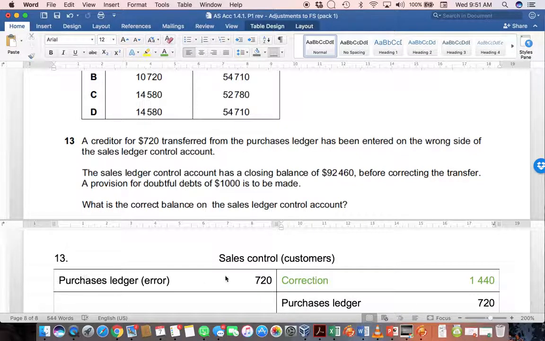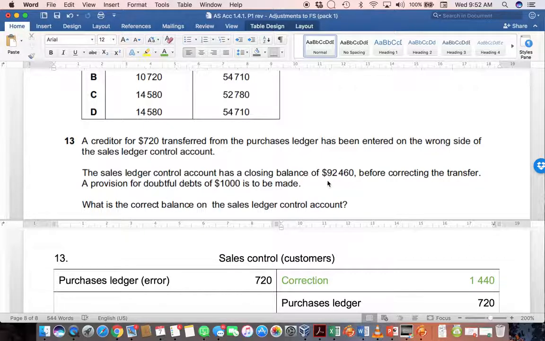However, this is what did happen. It tells us we put it on the wrong side. In other words, we put it on the debit side. And as always is the case when you do a debit when you should credit or vice versa, it means that your correction will need to be a double entry, because you will need to do one credit of 720 to cancel out the error, and then another 720 to adjust for what you actually want it to be, what should have happened.